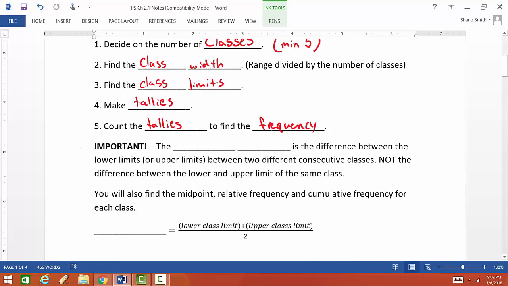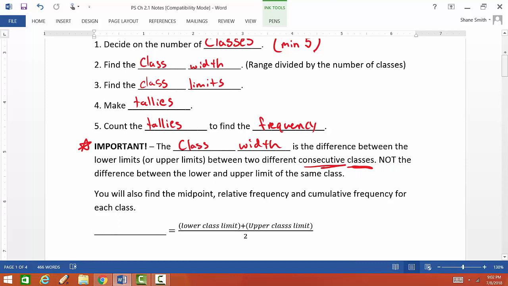Okay, and this is very important. The class width is the difference between the lower limits or upper limits of two consecutive classes, not the difference between the lower and upper limits of the same class.